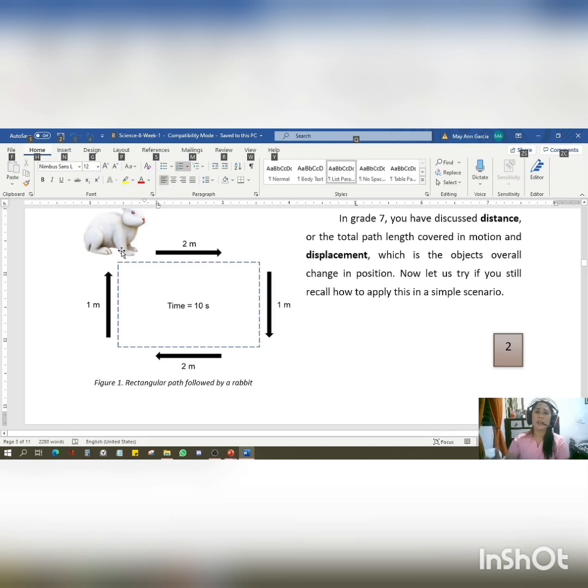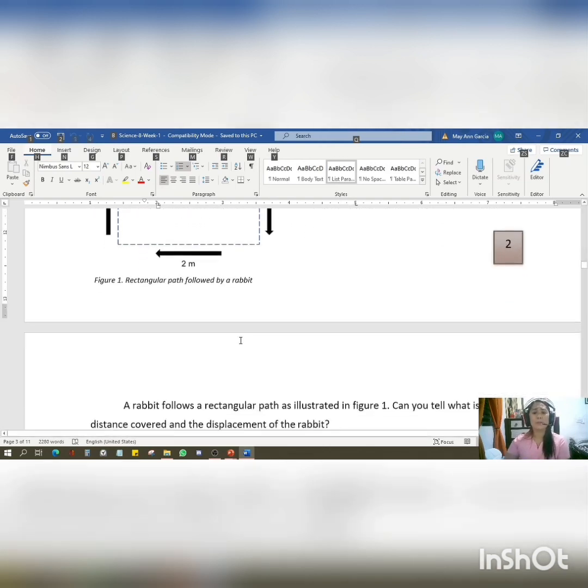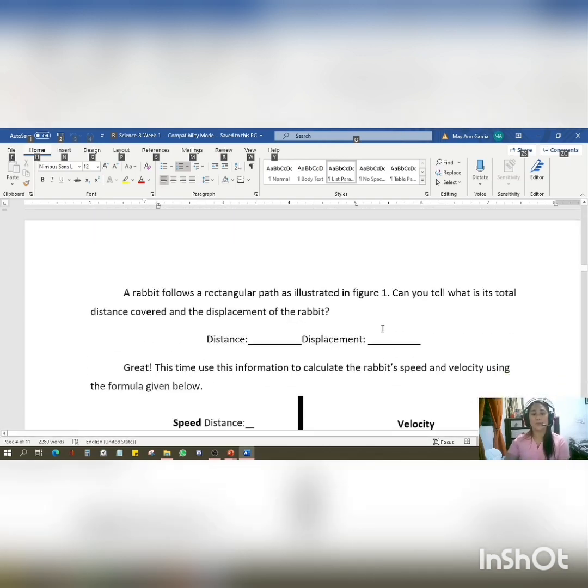If there is no change in the direction of an object in this particular scenario, the rabbit, then there will be no displacement. Because there is no change in the direction. Although nagkaroon siya ng change sa magnitude, but the direction does not have any data. So this will become 0.